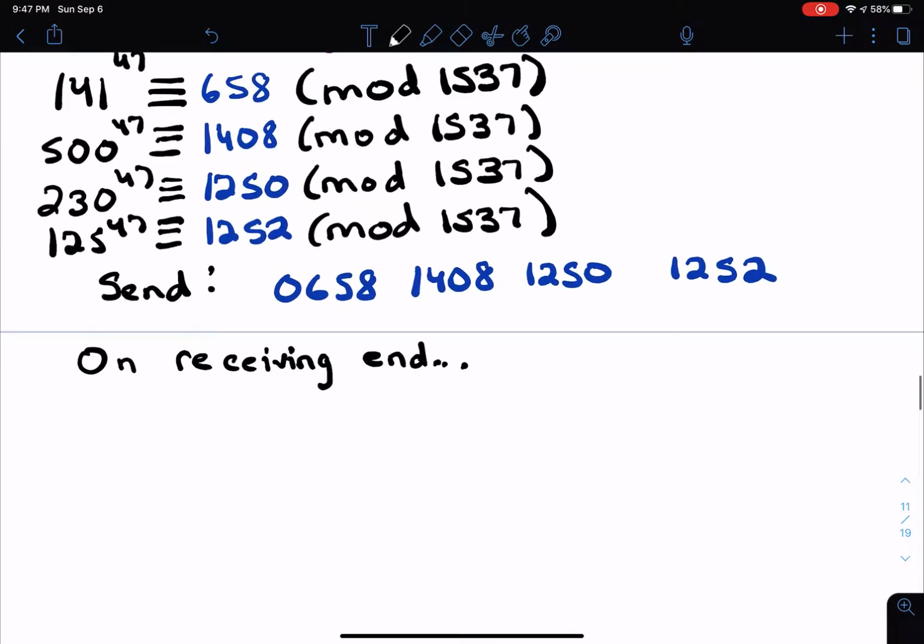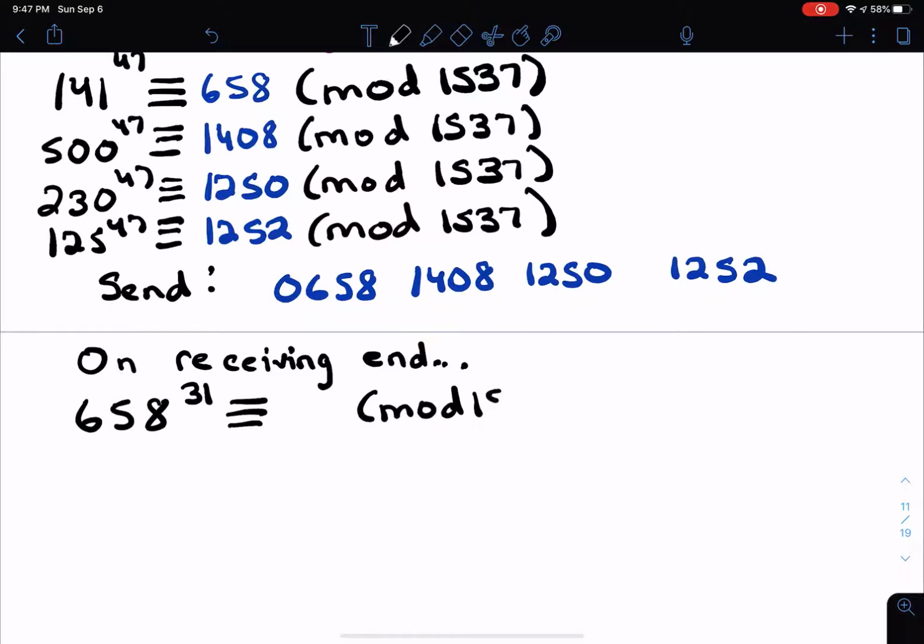They would take the 658 they just got, raise that to the 31st power, and figure out what that's congruent to mod 1537. They don't even have to know what the enciphering exponent is, which is a good thing. They don't have to know anything about how it was enciphered. They just need to know how to decipher it. So that helps add an extra layer of security. If the message gets intercepted in between, the only ones that know how it was enciphered were the ones that did the enciphering.